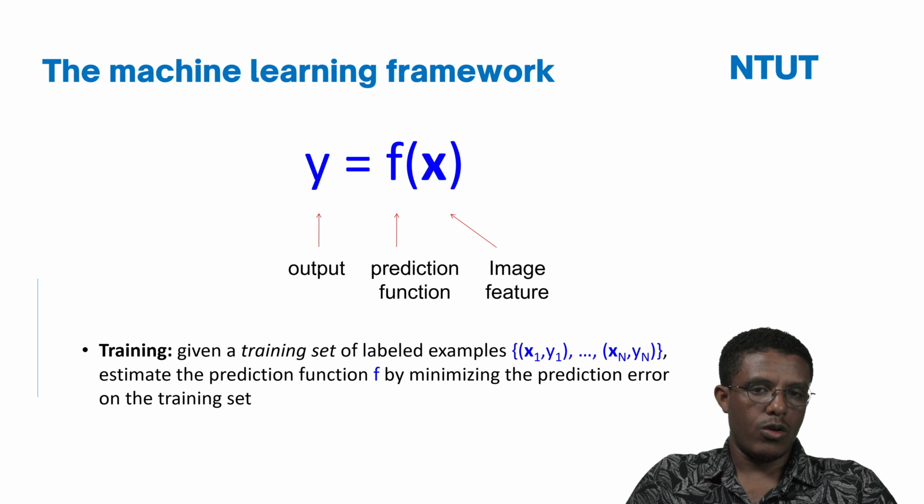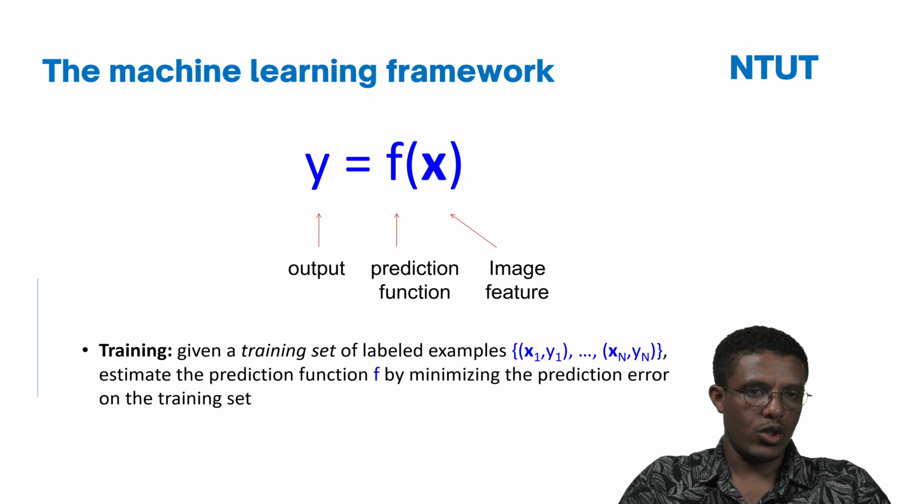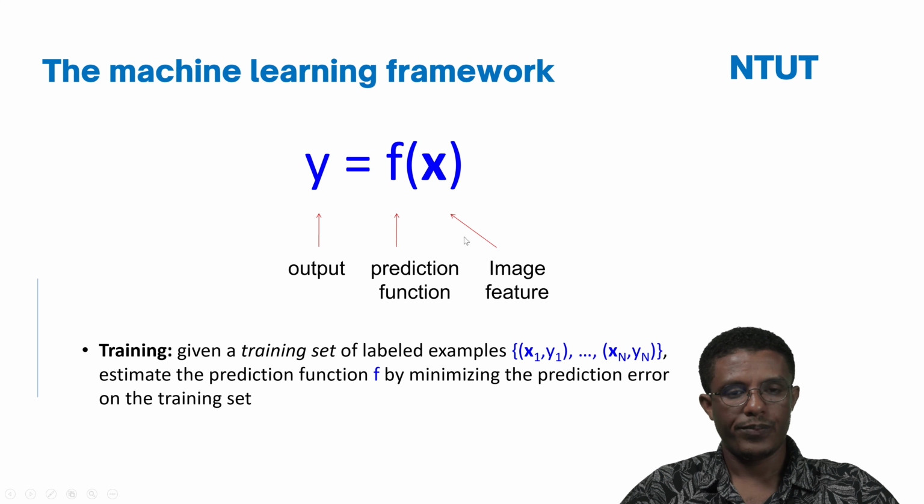Our goal, when we train the model, should always be to minimize the prediction errors. So the performance should be measured using the prediction error. The prediction error should be minimized or low, which means the accuracy should be high.